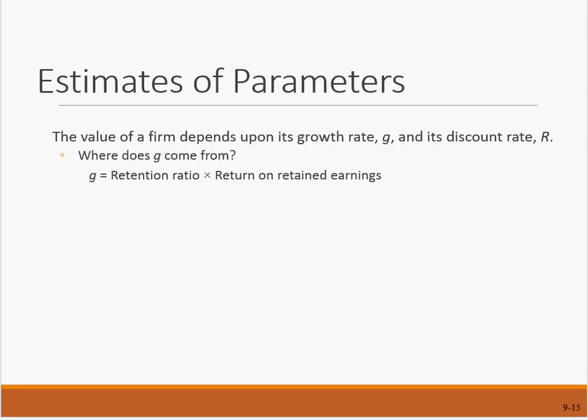So if I retain 50% of the money that the firm earns, and I earn 8% on that money, right? If I retain all of it, then it makes sense that we just grow 8%. Every year, all of the earnings are invested, they get 8% back, so earnings would grow by 8%.